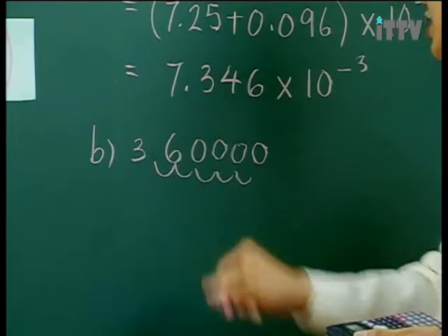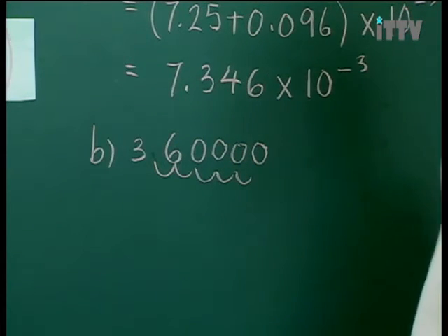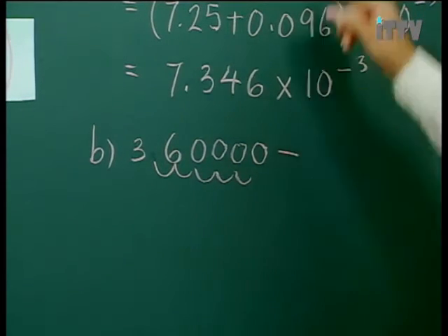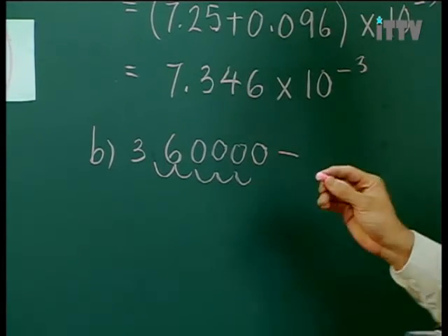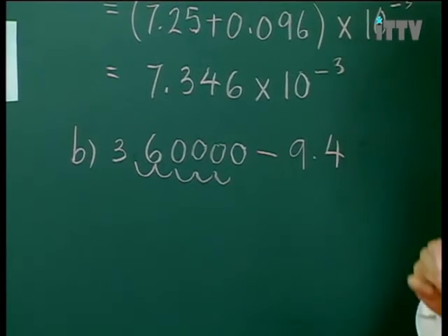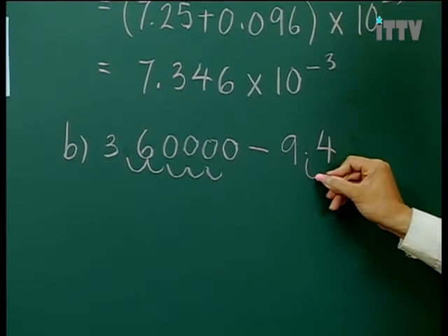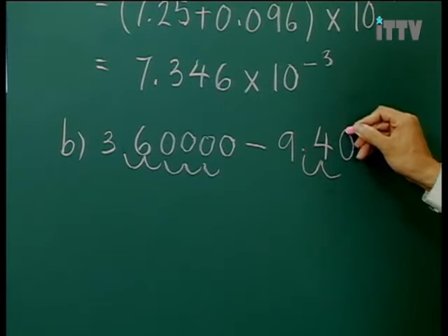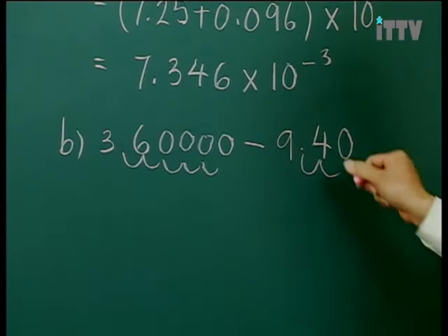So it is 360,000 minus 9.4 times 10 to the power of 2. 2 positive, it's 2 places to the right: 1, 2, add a 0. So the decimal has already been pushed at the back.